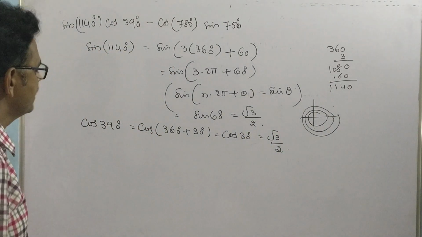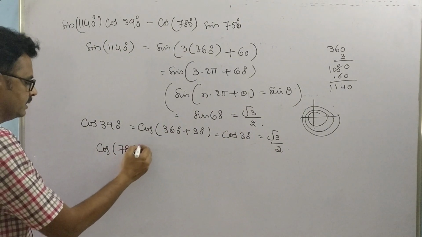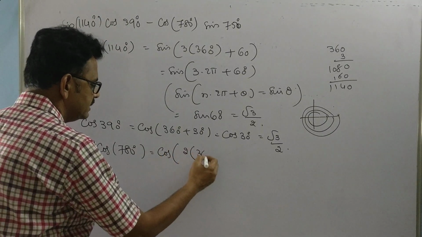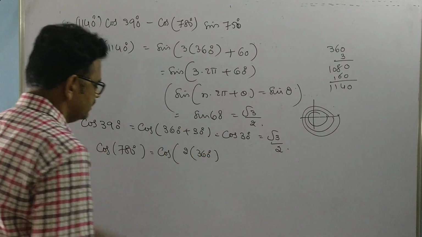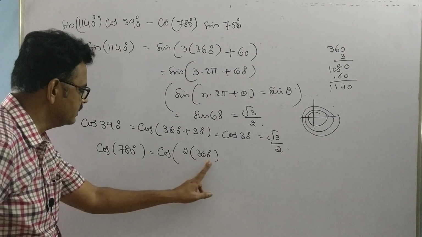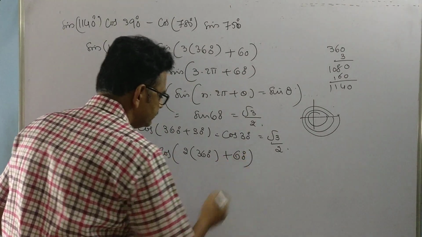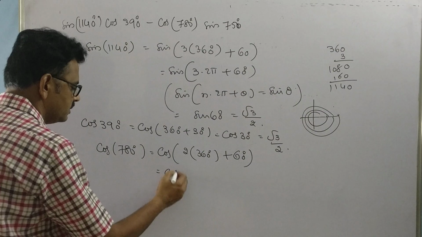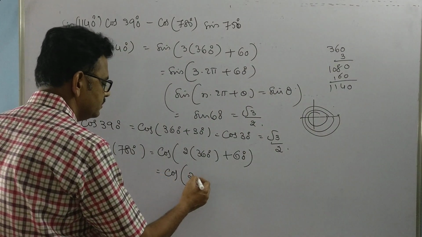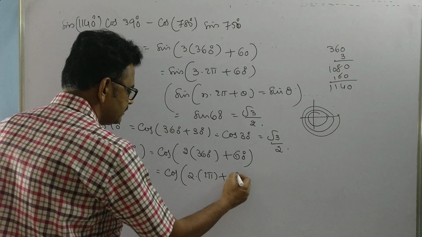And next, cos of 780 degrees. You write this as cos of 2 times 360 degrees, that is 720 degrees plus 60 degrees. So this is 2 times 2 pi plus 60 degrees.